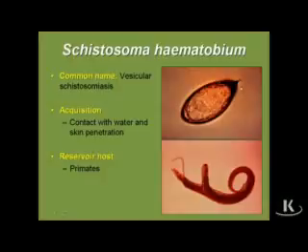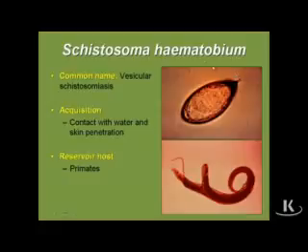Now we're going to look at the vesicular schistosomes and talk about Schistosoma hematobium. Now the egg is unique, just like with Schistosoma mansoni, so you should be able to identify the egg. The egg has a terminal spine.